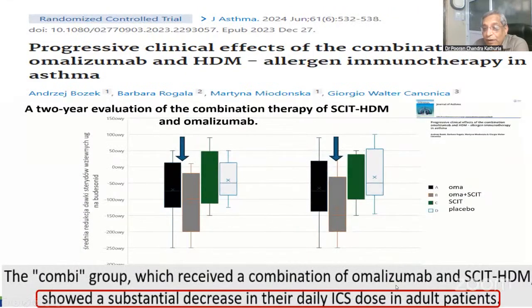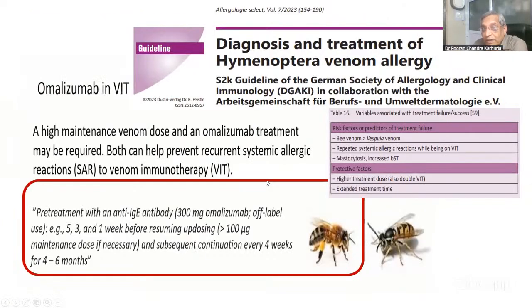In another study, omalizumab was given along with subcutaneous immunotherapy. This is the omalizumab alone, and the green one is the subcutaneous immunotherapy alone. But if you combine both, there is a marked reduction in the symptomatology and the medication scoring. Guidelines of insect allergen immunotherapy apply to those who have recurrent anaphylaxis or a history of mastocytosis or other disorders.